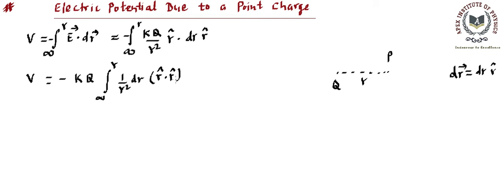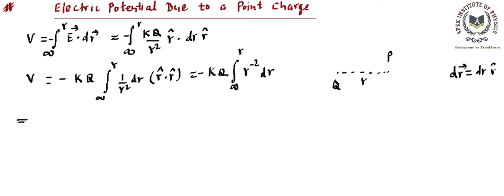As per the rules of vectors and the dot product, we know this r cap dot r cap is unity, that is 1. So this integration will lead to minus KQ integration. This 1 upon r square can be written as r raised to power minus 2 dr. Limits are from infinity to r location.